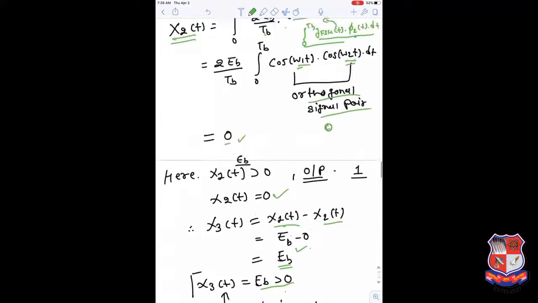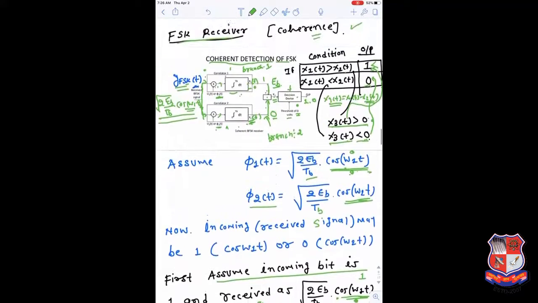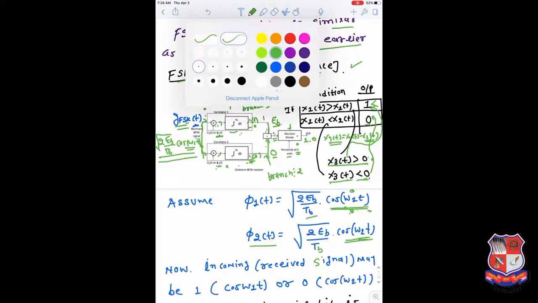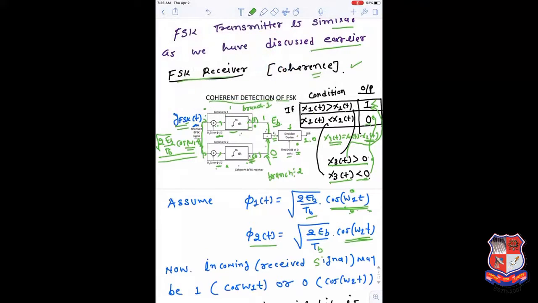Now consider the reverse scenario. Let's assume you are receiving the 0, or symbol 2. Then the symbol can be represented with the same amplitude but with the frequency cos omega 2t. In branch 1, it is multiplied with cos omega 1t.